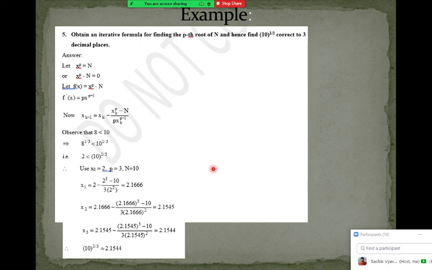So that is the importance of the methods. All 3 methods are based on some initial approximation. So mainly we require some interval AB, with nearest integers where the root exists, and then we start with the iteration formula and get the approximate root, up to certain decimal places or up to the desired accuracy. Any doubt, anyone?